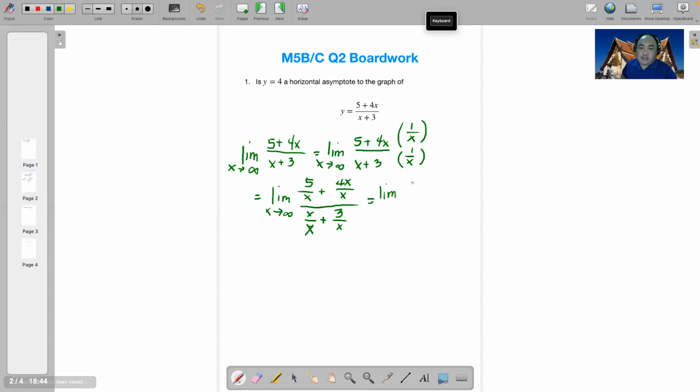So this is the limit of 5 all over x plus 4, divided by 1 plus 3 over x, as x approaches infinity.